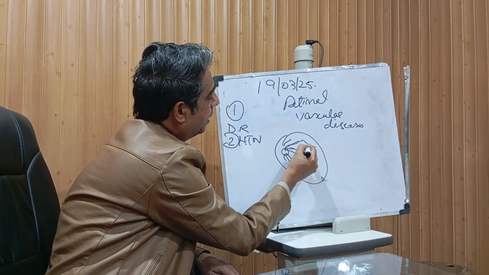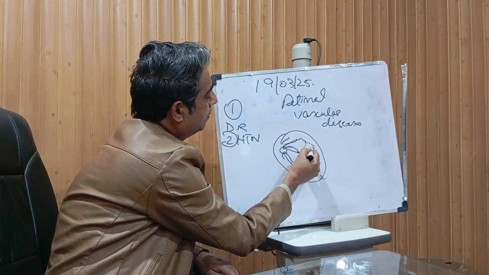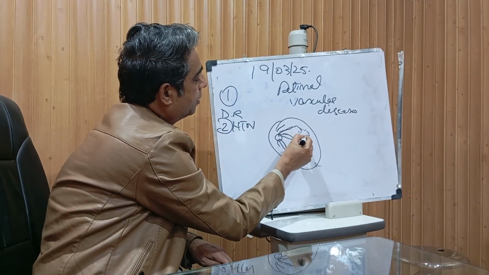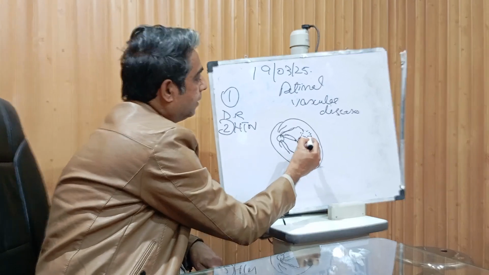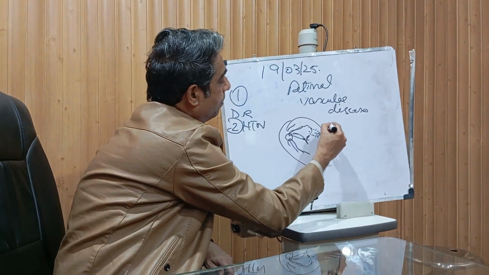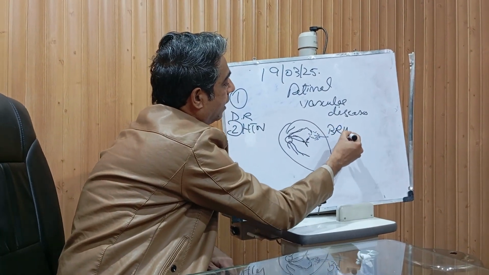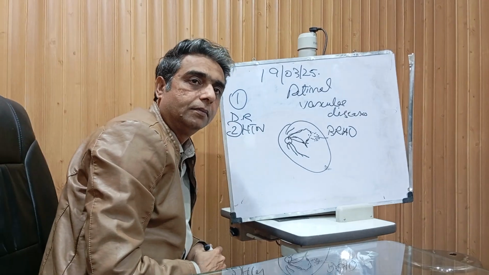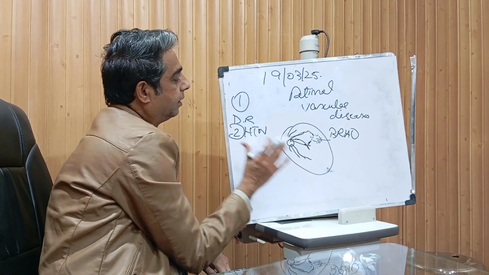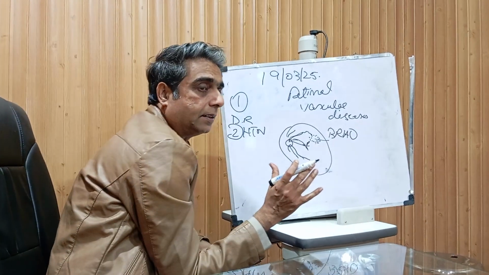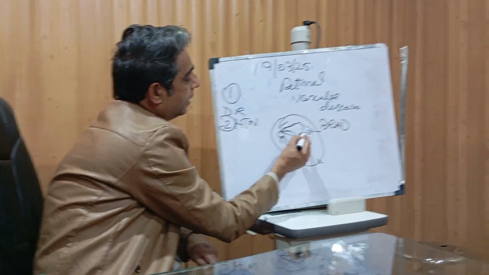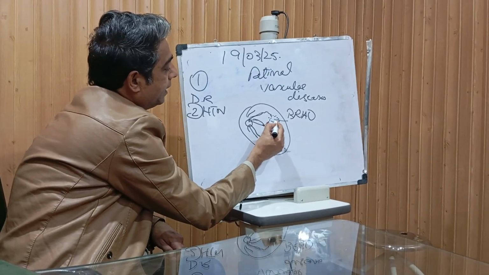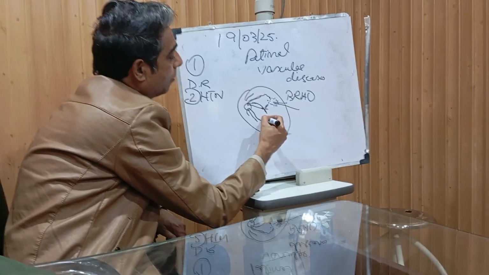This area will become hypoxic, and we call it branch retinal artery occlusion. When an expert eye specialist will see, then only he can clinically find that this area is pale as compared to the normal pink retina.